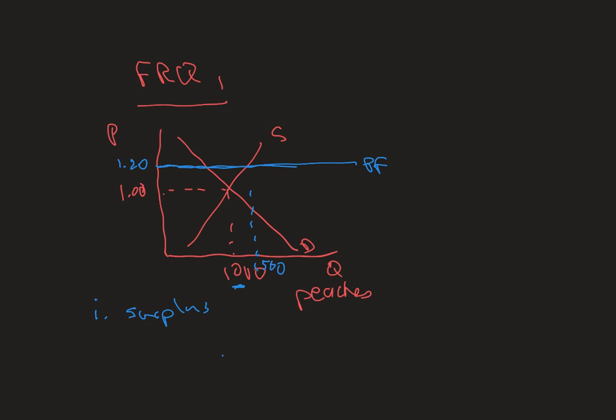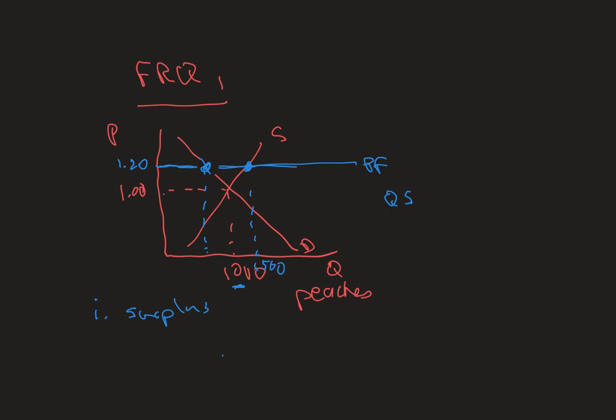Once the government comes in, intervenes, and puts the price up to $1.20, we have a problem because the quantity supplied at the price of $1.20 is going to be at a much greater quantity than the quantity demanded, okay? So the quantity supplied is 1,500, quantity demanded is less than 1,000. So people don't particularly want this good, even though suppliers are incentivized at the price of $1.20 to increase production to 1,500. So we end up with a surplus.